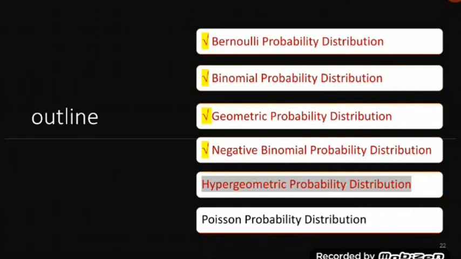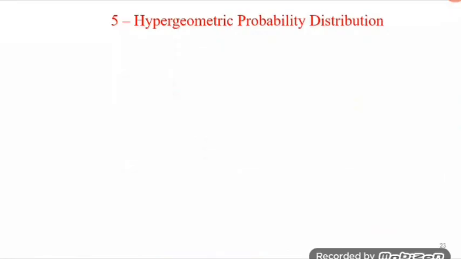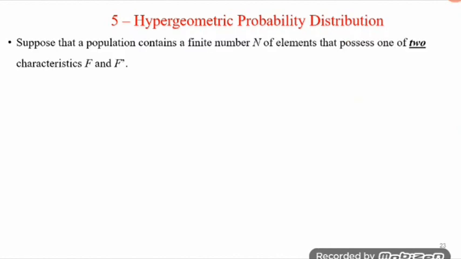Now move to explaining the next kind of probability distribution, which is the hypergeometric probability distribution. The first property under this kind of distribution is that we assume we have a population containing a finite number N of elements, and those N elements possess one of 2 characteristics, F and F complement.